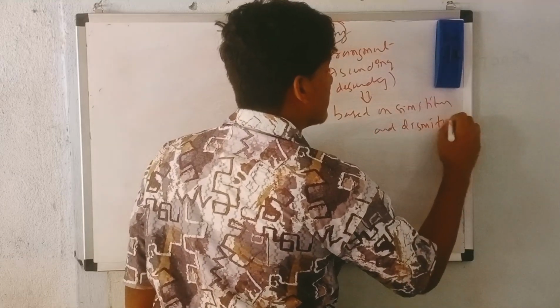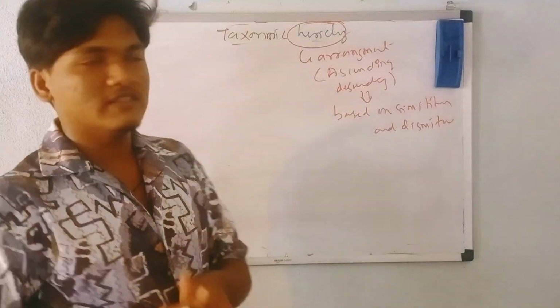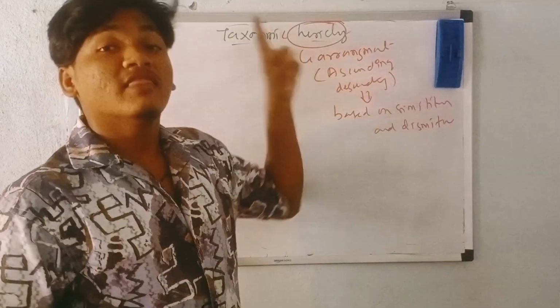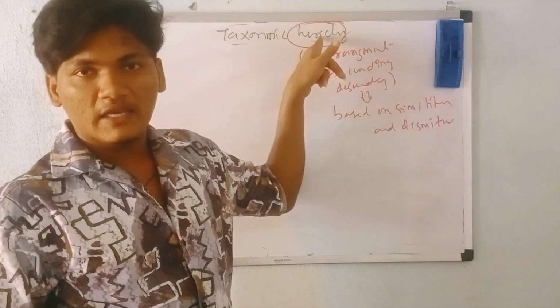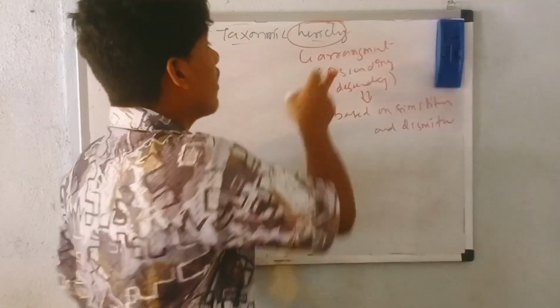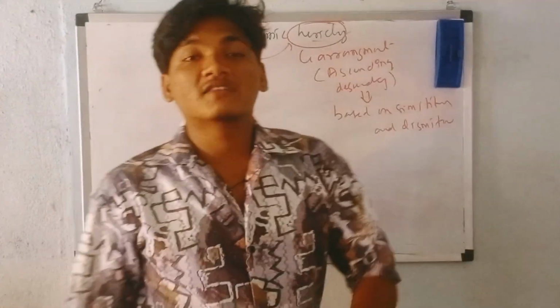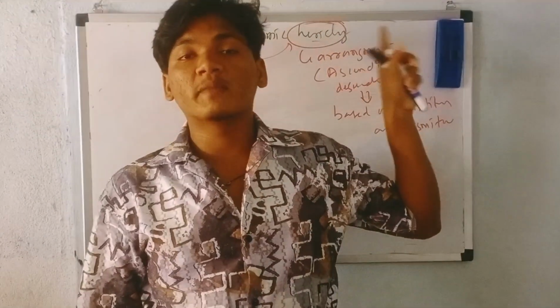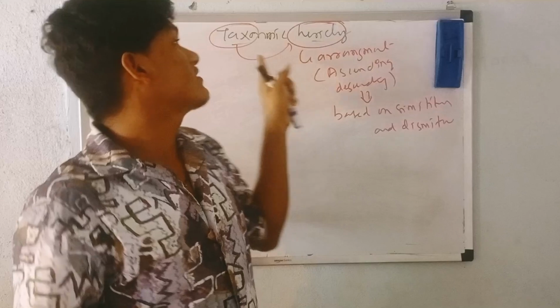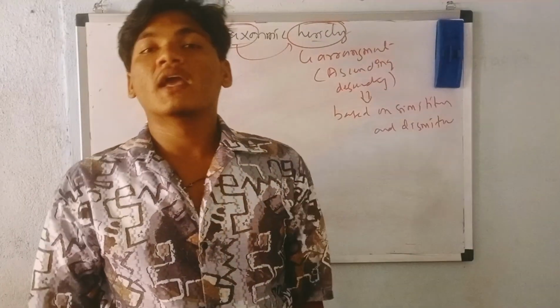Based on the similarities and dissimilarities between the organisms, we can arrange them, and that process is called hierarchy. When we arrange the taxa, it is called taxonomic hierarchy. So arrangement of the taxa is nothing but taxonomic hierarchy.